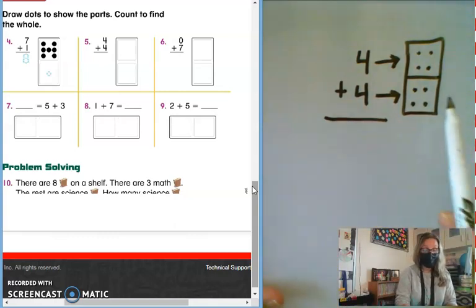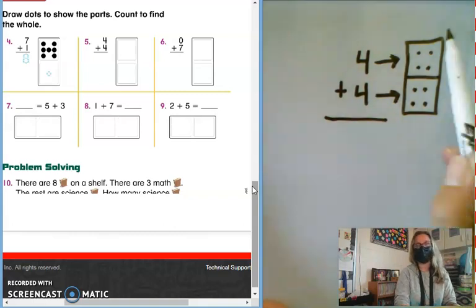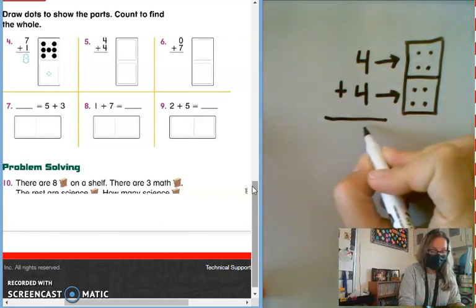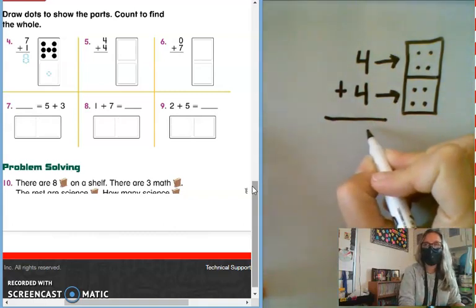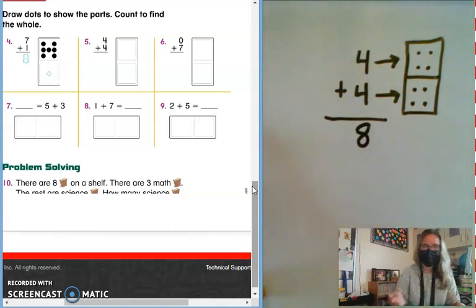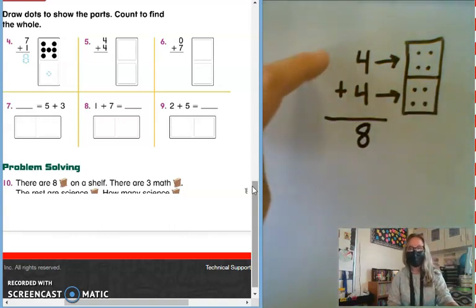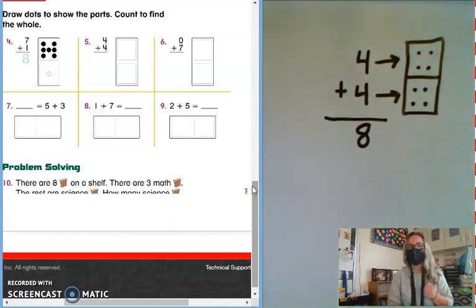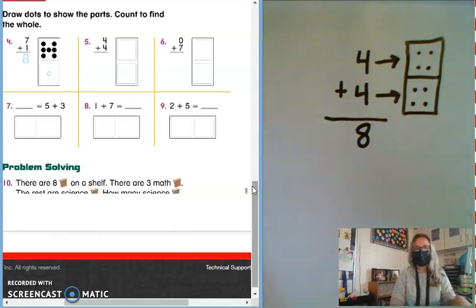And then Jacob counted up all the dots and told us that the total was what? I'm sorry, Isaac, the total was what? The whole? 8. Good job. Okay, so the sum, or the whole, is 8. Let's try number 6.